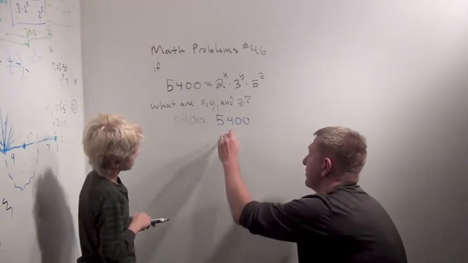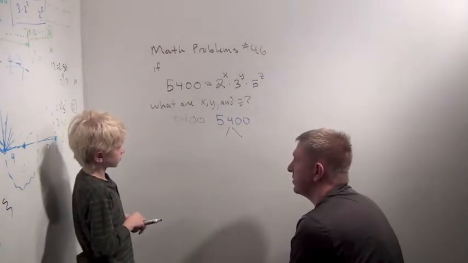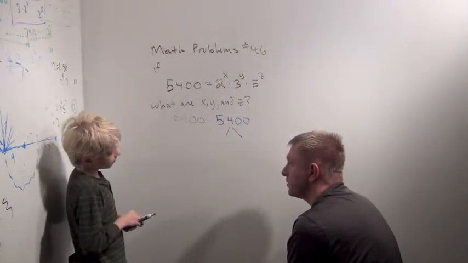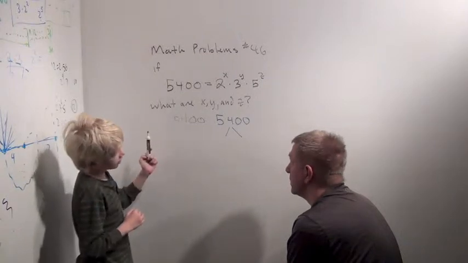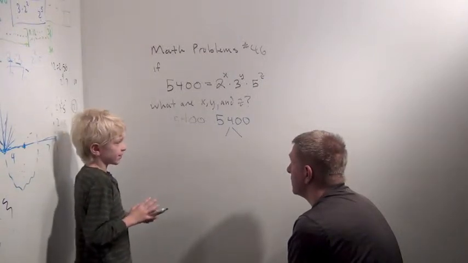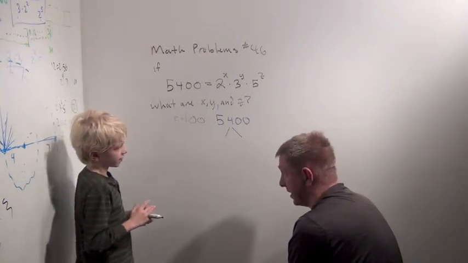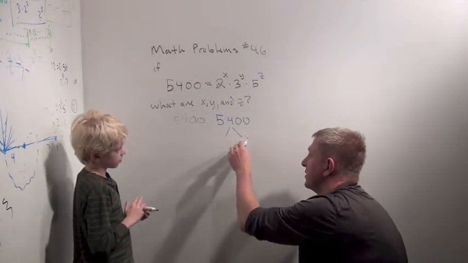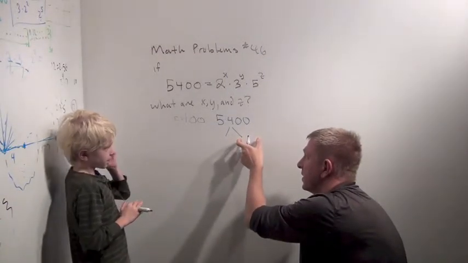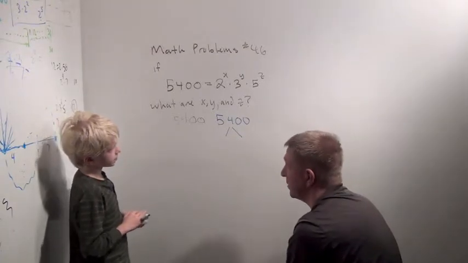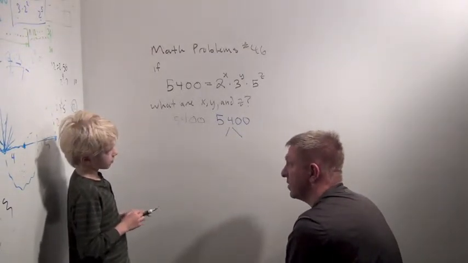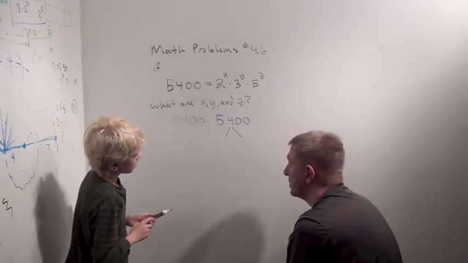What's an easy way to factor this first to get some smaller numbers? You could split it in half. That would work, but it would still leave you a number in the thousands. So we're trying to see two bigger numbers that multiply together to be 5,400.